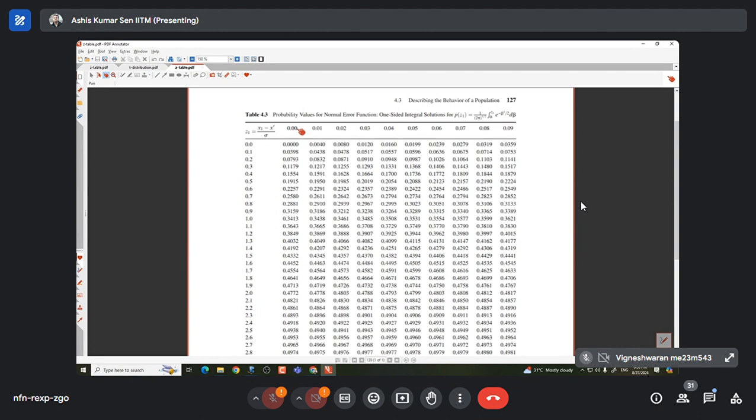The rows go up to the first digit after the decimal, and the second decimal digit is listed in the columns. Now our Z1 is 1, so we go here to 1.00, and the probability that the data lies between 8.5 and 10 is 0.3413.